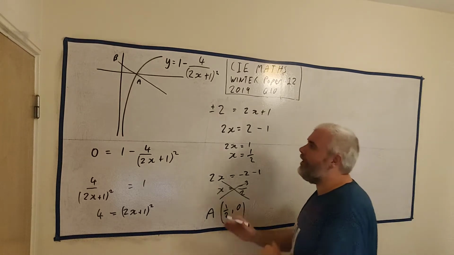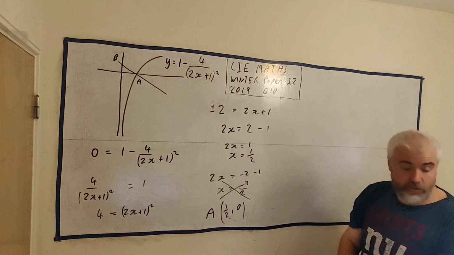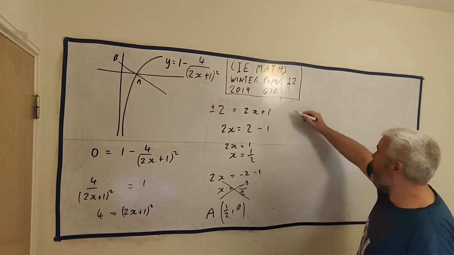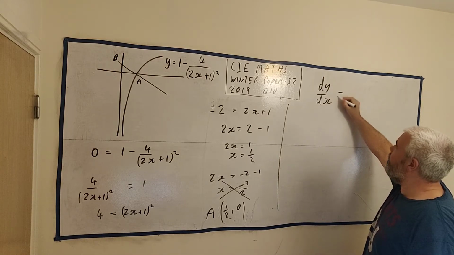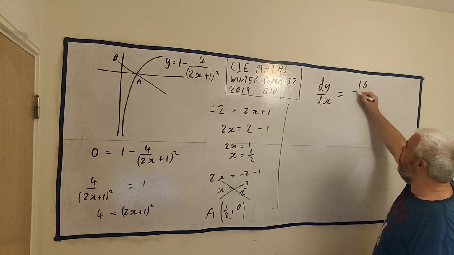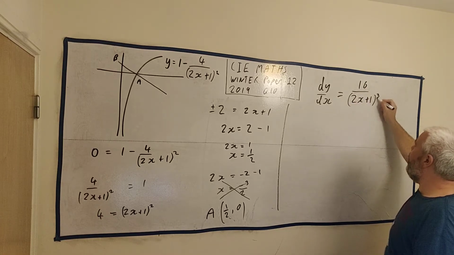Now we still need to get the tangent, the slope at A. That's okay because we have the derivative from earlier. We have dy/dx is equal to 16 divided by (2x + 1) to the power of 3.